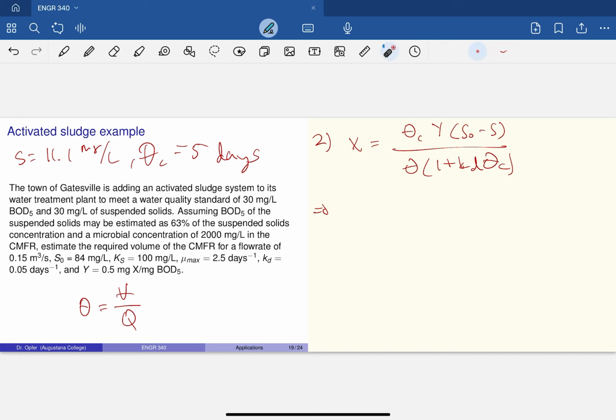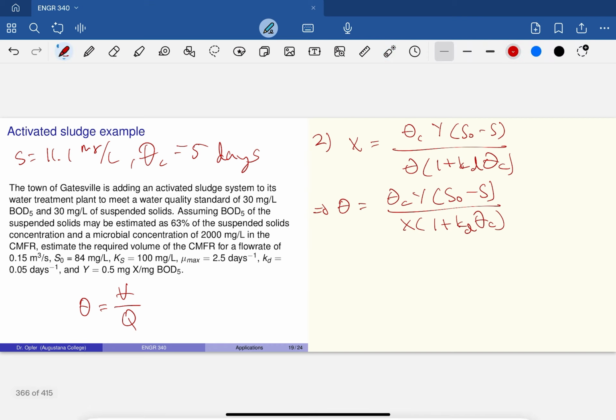All we do is multiply both sides by theta and divide both sides by X. And we get theta is equal to theta C Y times S naught minus S over X times 1 plus Kd theta C. Okay, this theta C is what we just solved for. This is 5 days. Y is 0.5 milligrams X per milligrams BOD5. S naught is this 84 milligrams per liter. S is the 11.1 milligrams per liter. X is this 2,000 milligrams per liter here. Kd is 0.05 inverse days, and we're good to go.